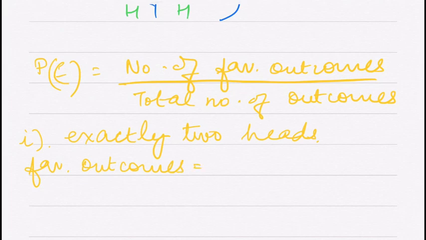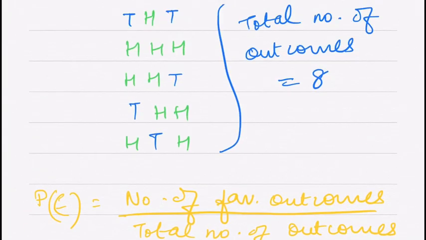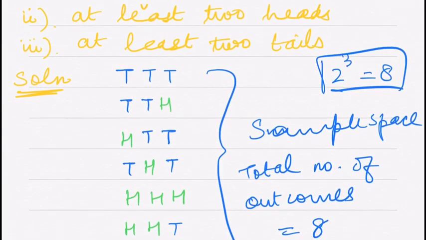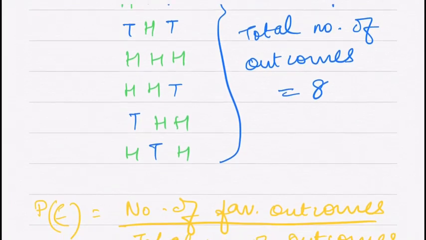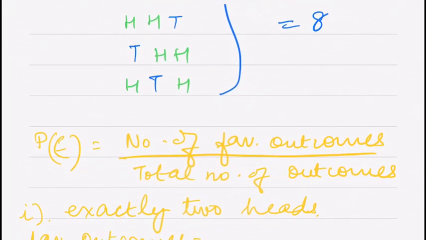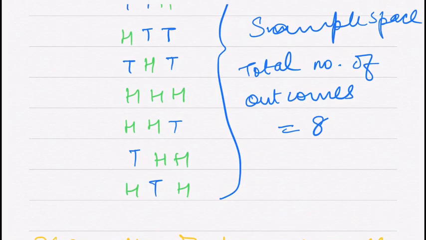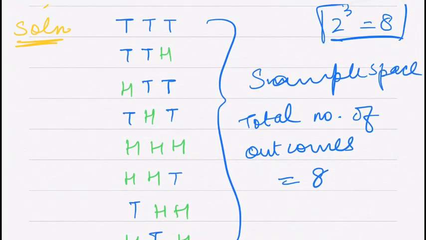What are the favorable outcomes from this? Exactly 2 heads means not more than that and not less than that. So we have HHT, HTH, and THH. These are my favorable outcomes.